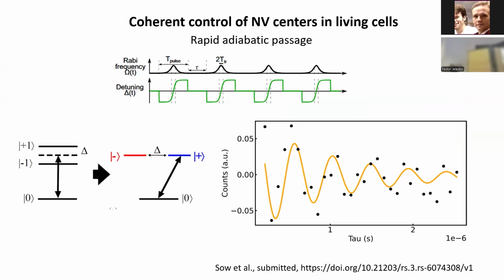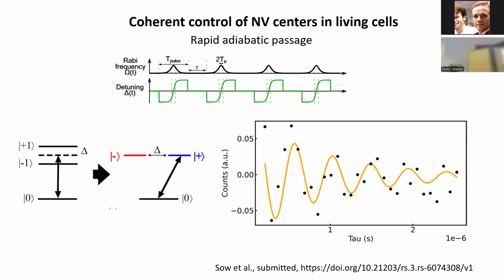For example, we now apply microwave pulses to make Ramsey fringes-like measurements. This is difficult to do in rotating nanodiamonds by applying just short pulses. We need to take into account that the diamonds can rotate with time, so we need to make it very robust. Adiabatic rapid passage is one of the methods where you sweep the frequency through the resonance, and then it can be very insensitive to fluctuations in dipole orientation.